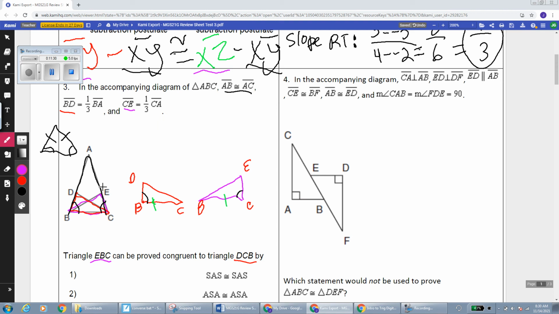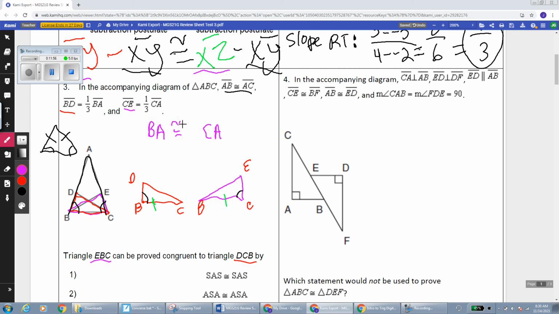So let me write this out so it's a bit clearer. So we know that BA and CA are congruent segments. And we know that, oh, that doesn't look like a congruent symbol.